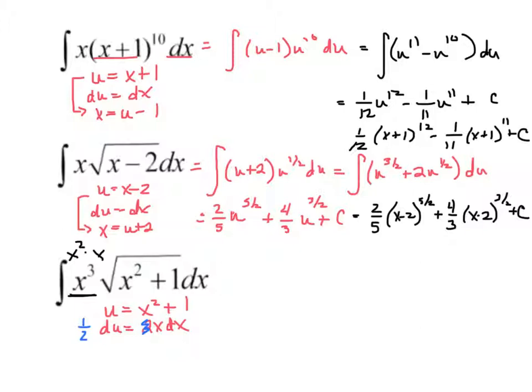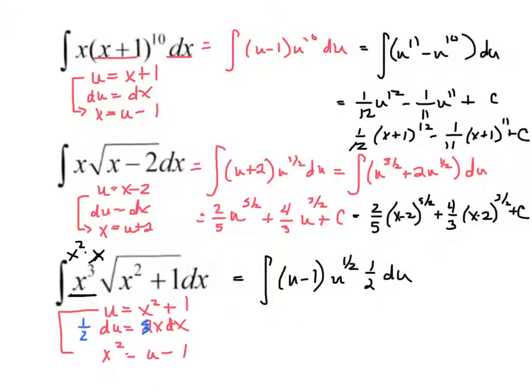Okay? Because when I come down here and I say, well, if u is x squared plus 1, then x squared is u minus 1. So I should replace the x squared with u minus 1, the square root of x squared plus 1 with a u to the 1/2, and the x dx with a 1/2 du.